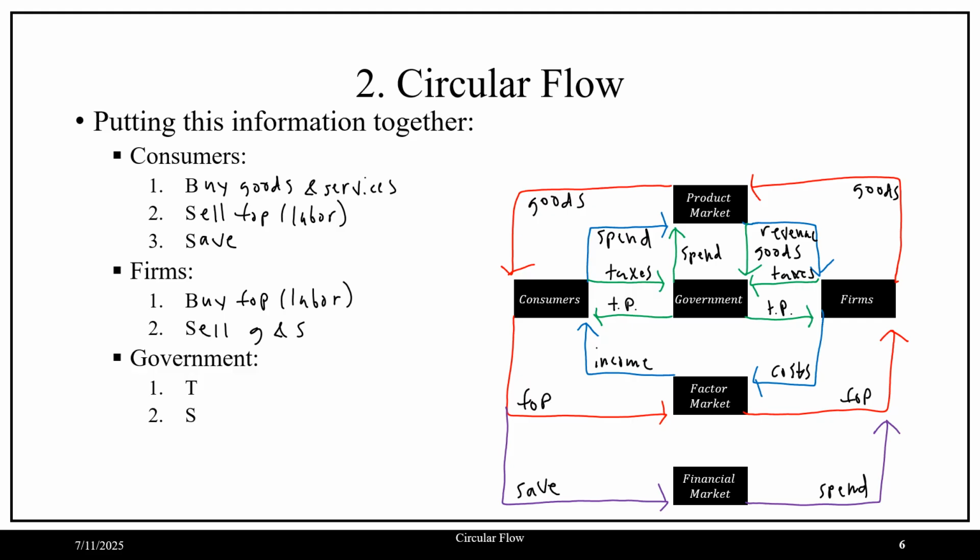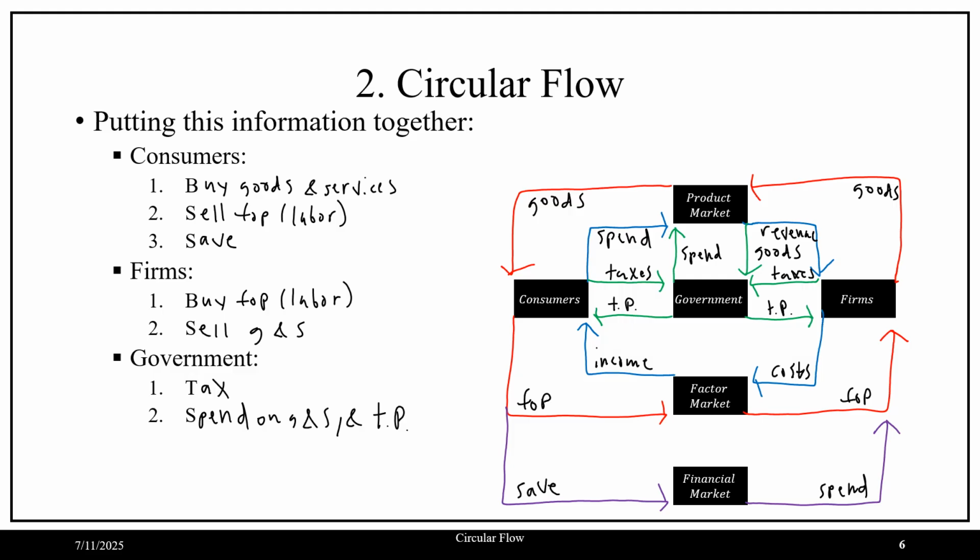So in terms of actions available to a government, for right now, what we have is that they can tax, or they can spend on goods and services, and transfer payments as well. Okay, so this is pretty good.